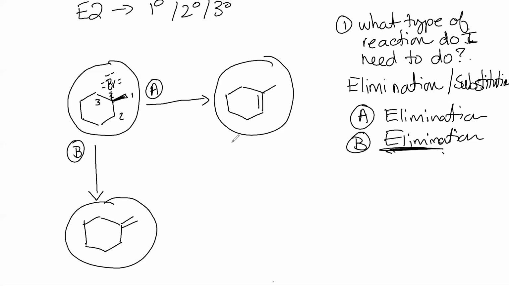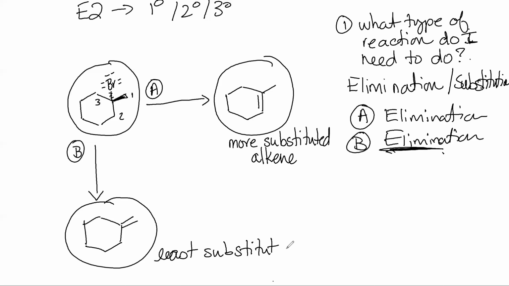One to form the most substituted alkene, and one to form the least substituted alkene. This would be Hofmann's product, and this would be Zaitsev's product.